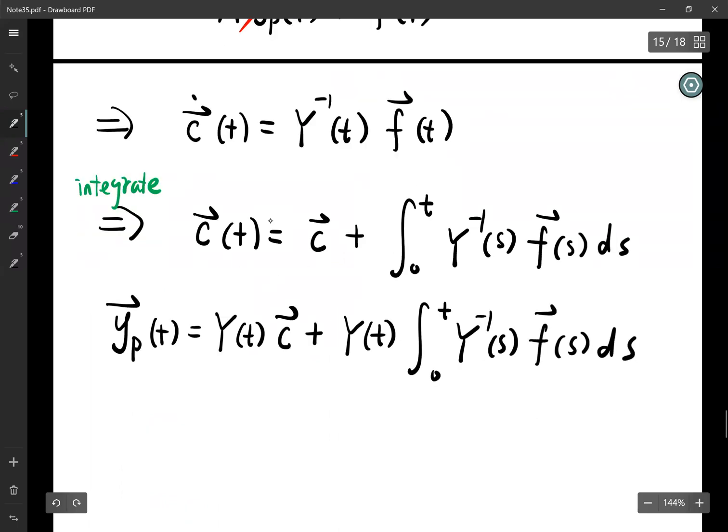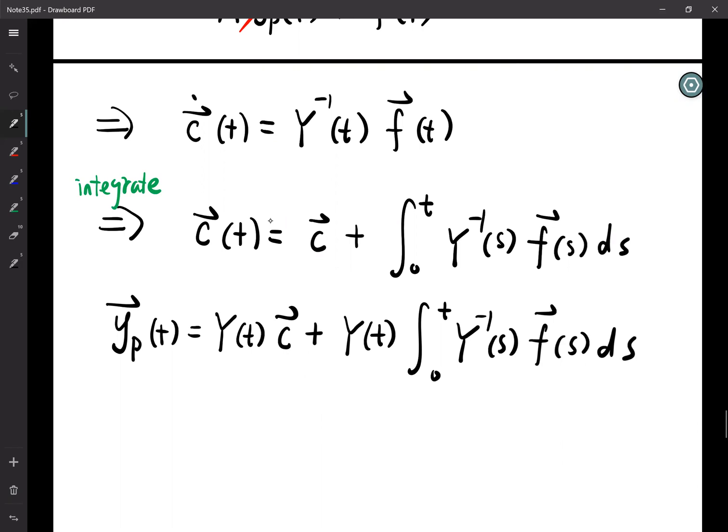So it looks complicated, but I would like to say that all of these things are computable. Y(t), the matrix, is a function that has been given. How to compute this inverse is not that easy, but this thing definitely exists. This is a known function.